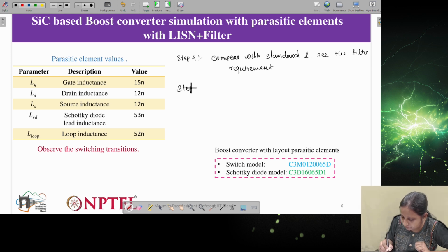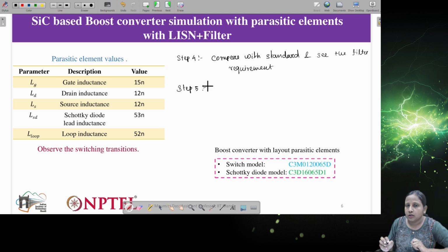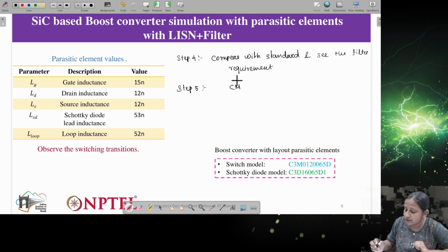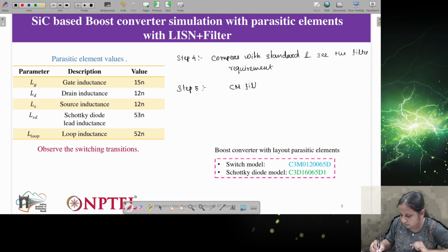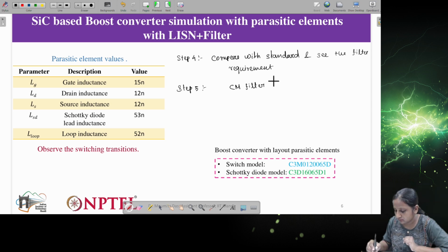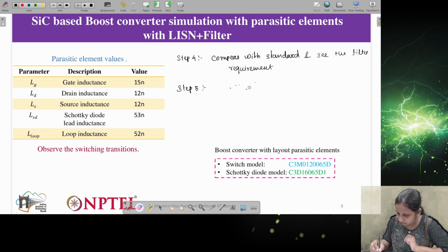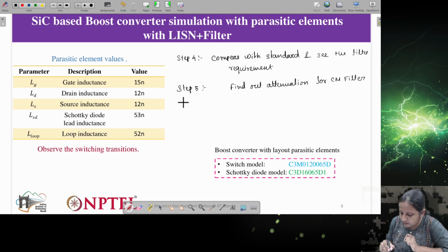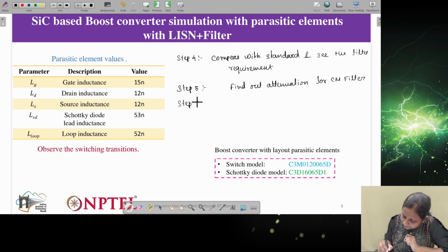Step 5, if CM requires a filter; in this case it is not required. Step 6, design CM filter.